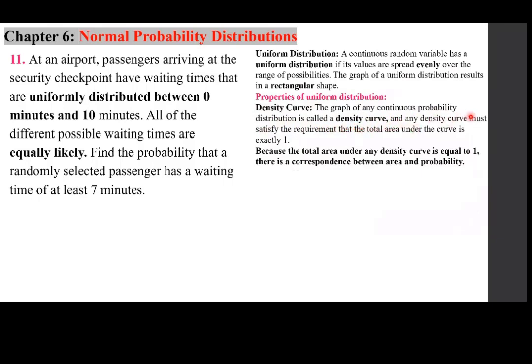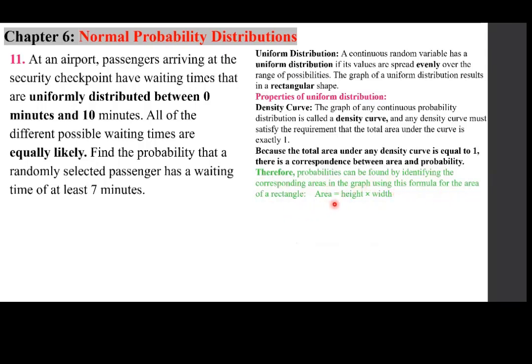Any density curve must satisfy the requirement that the total area under the curve must be what? 1, exactly 1. Because the total area under the density curve is equal to 1, there is a correspondence between area and probability.